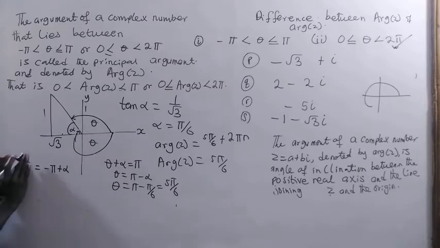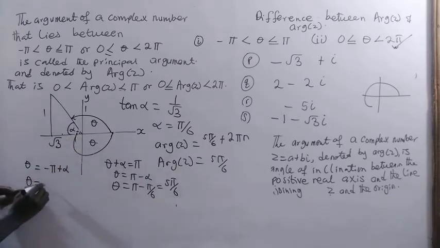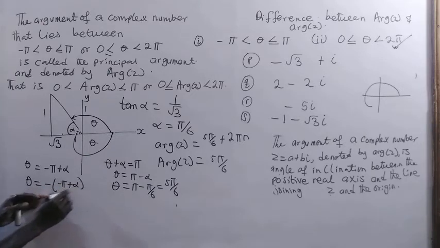Once we finish measuring theta, look at where we were measuring to. We were measuring in the clockwise direction, then it means that theta is equal to negative of minus pi plus alpha. And that will give us pi minus alpha as our theta.